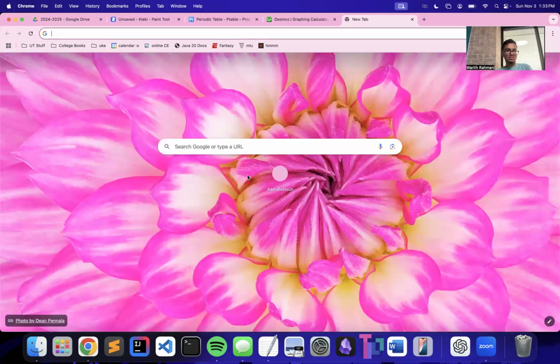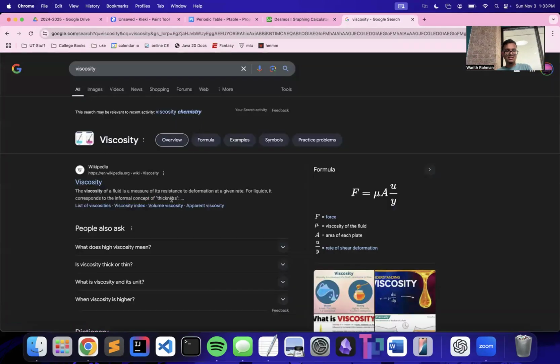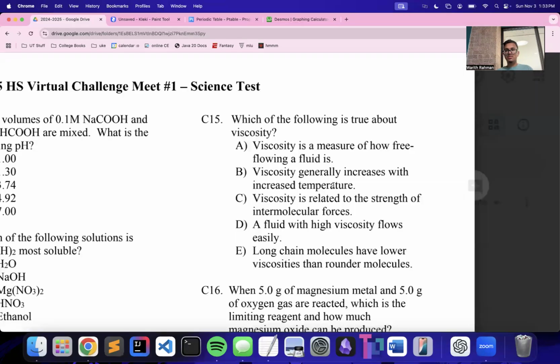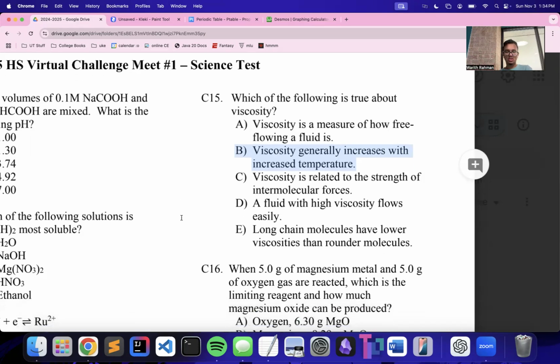Viscosity is the resistance, so if you increase temperature, it's likely going to be less resistant. C, viscosity is related to the strength of the intermolecular forces, which is true. If the forces between molecules are strong, that's going to cause you to be more resistant. That ties into answer B, because if temperatures increase, these molecules' interactions get weakened, so we get less viscous instead of more viscous.